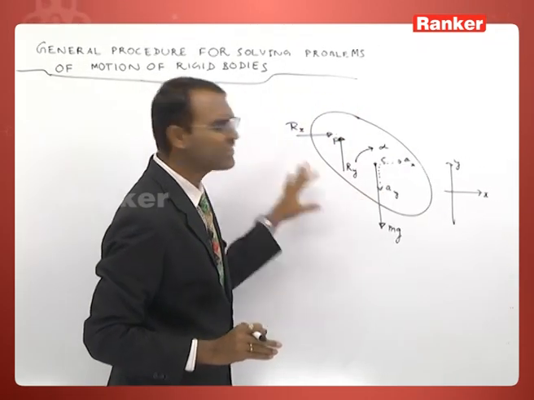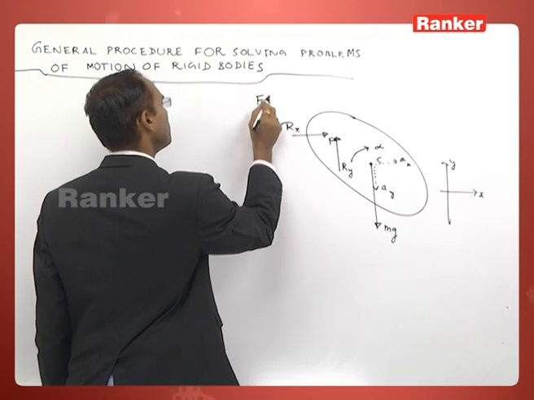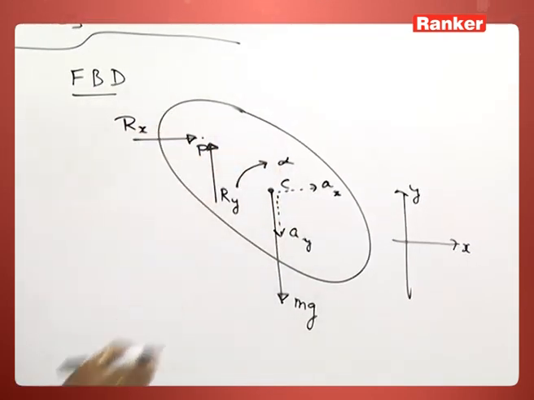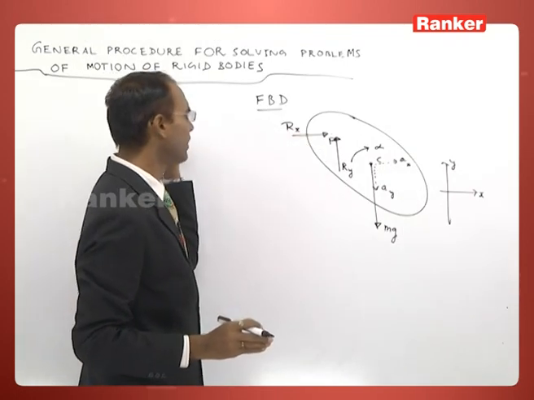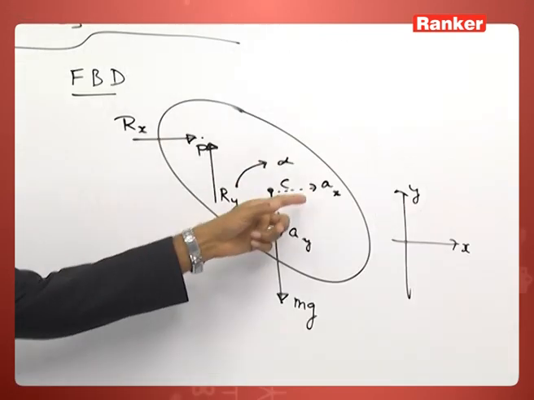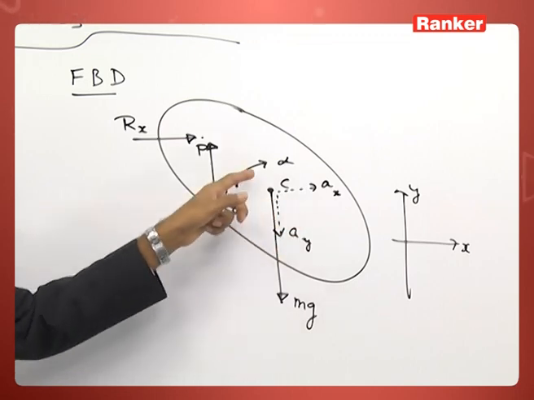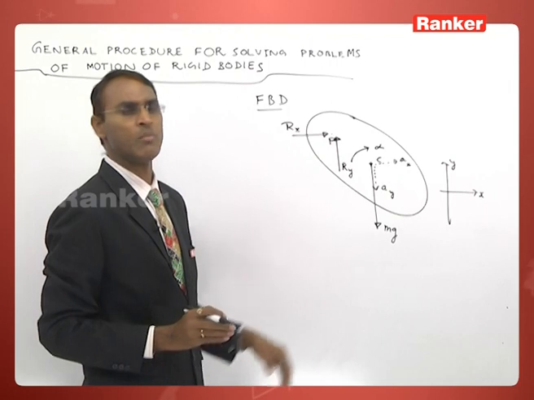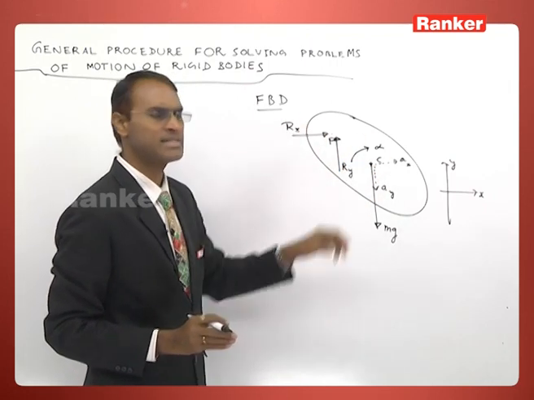This is the complete free body diagram. In this free body diagram, we have shown the forces, splitting the forces into components along the respective axis, along with the linear acceleration components and the angular acceleration. The complete free body diagram comprises both the force and acceleration.